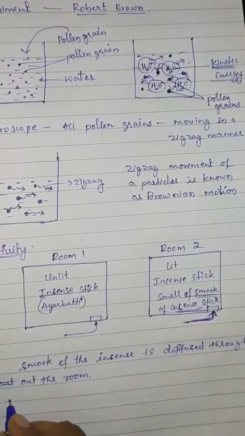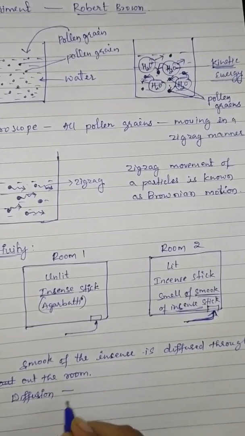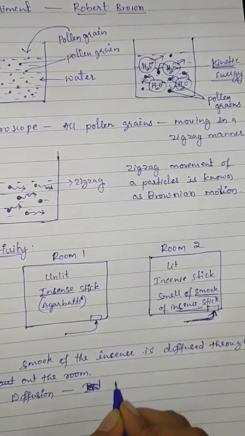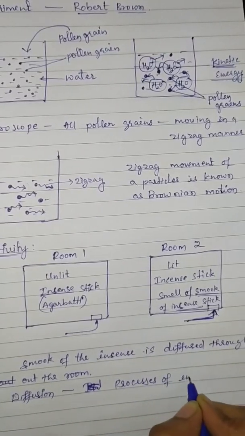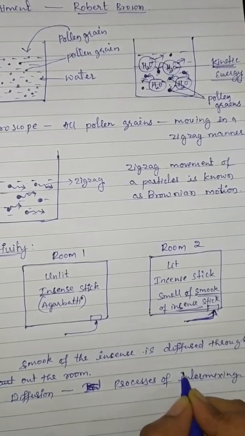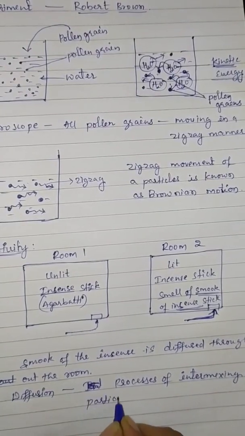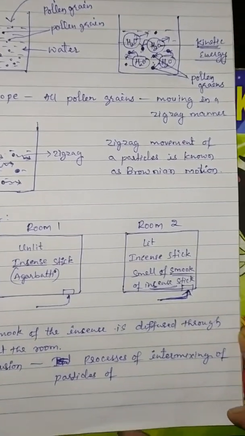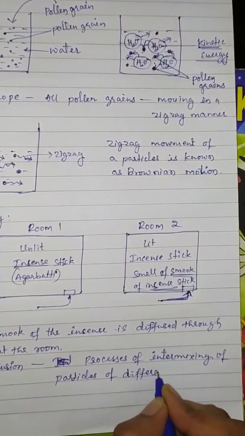Okay, then what is diffusion? Diffusion is the process of intermixing of particles of different substances.